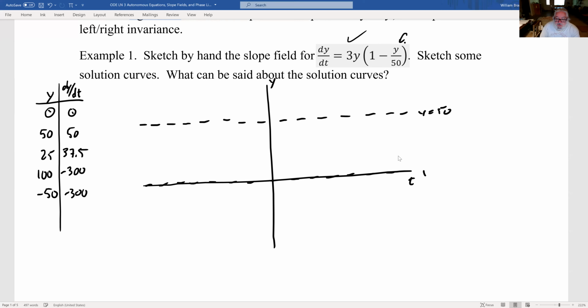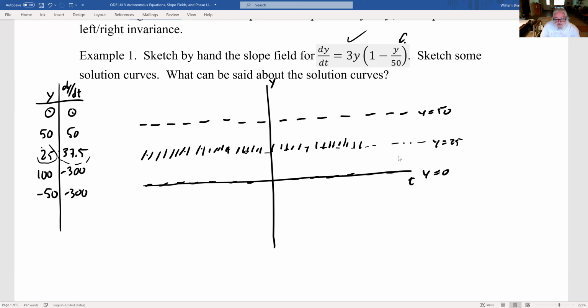Along the line y equals 25, the slope is 37.5, so all along this line we draw pretty steep slopes, because 37.5 is pretty steep.